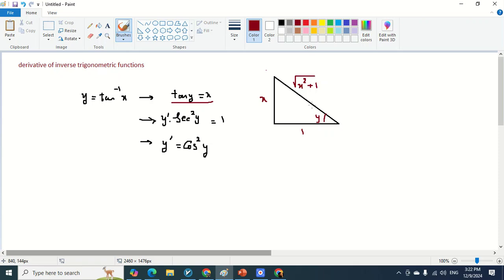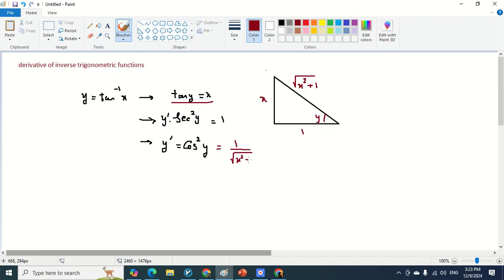Right now if I want to calculate the cosine squared of y, simply I can calculate the cosine. Cosine will be the adjacent, which is 1, over the hypotenuse of that right triangle, which is the root of x squared plus 1.